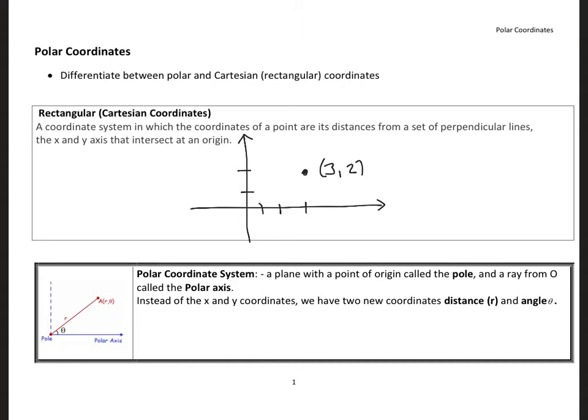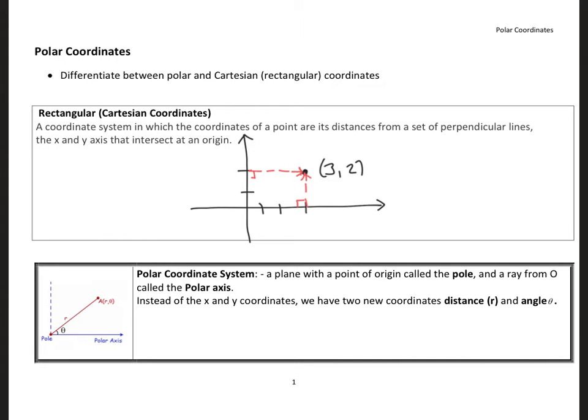The x coordinate is the distance from the y-axis, so it's 3 units to that point. See, this is perpendicular. And for the y coordinate, the 2, it's the distance from the x-axis, 90 degrees to that point. So that's the rectangular coordinate.